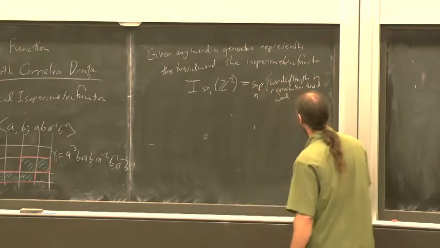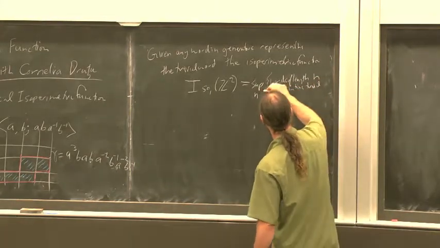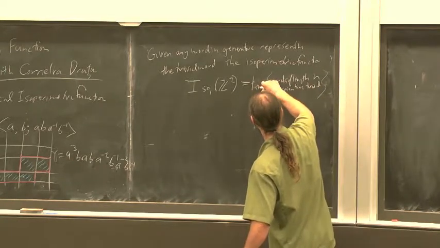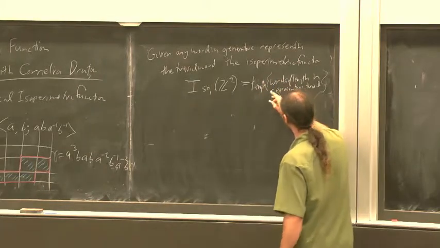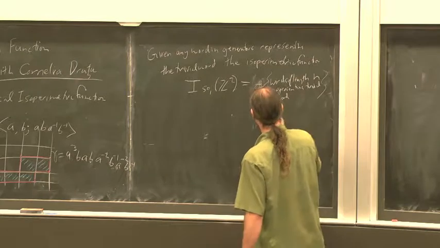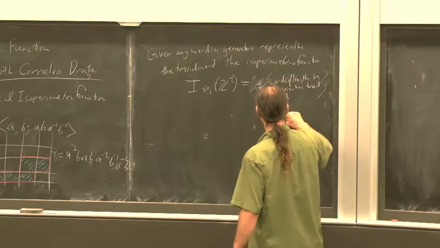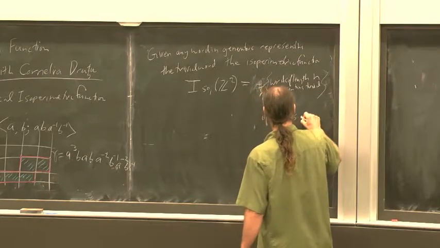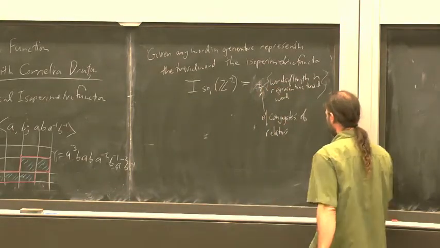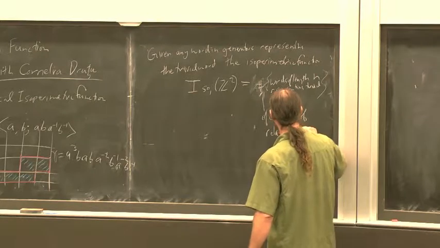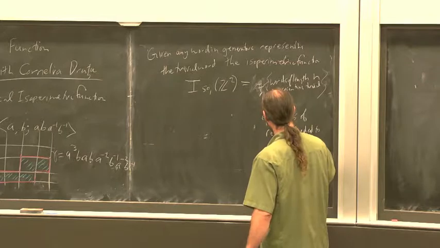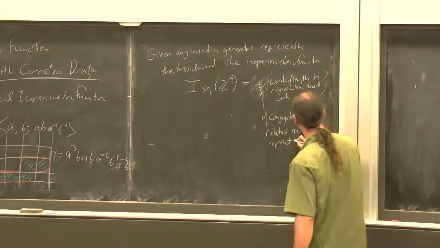And then you look at the length of those words, so I should say the length of the word. So you look at the length of these words, sorry, the shortest number of conjugates of relators, and inverses of relators, needed to represent this word.